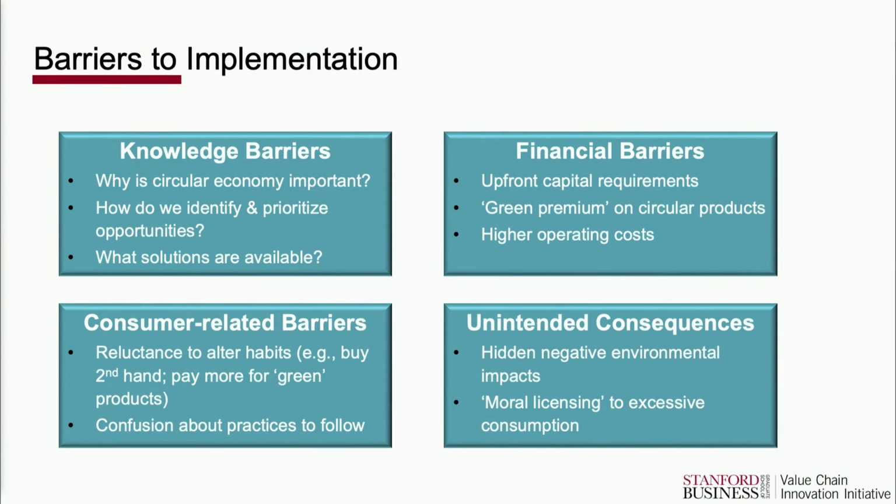For example, if you offer for sale a pre-owned item, then you need the customer to be willing to purchase secondhand. And finally, there may also be unintended consequences. You may think you're doing the right thing, but you find out down the road that there are actually some unintended negative consequences that you didn't think about.